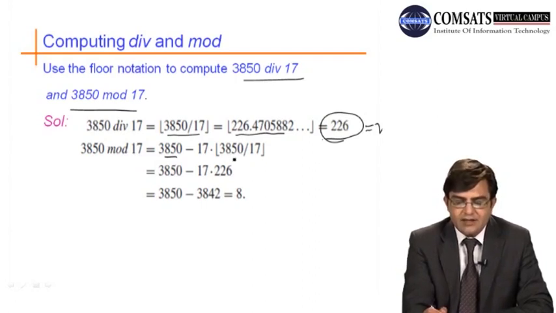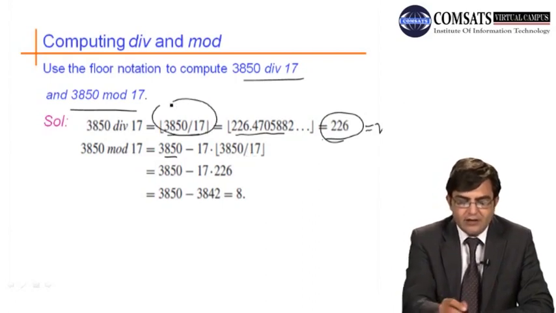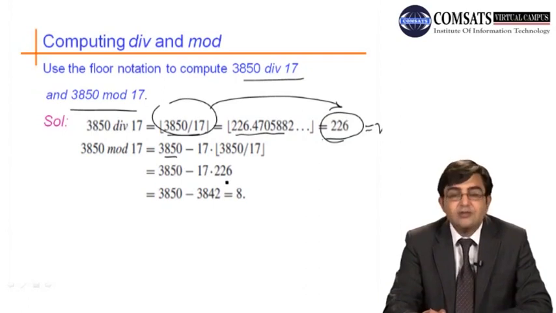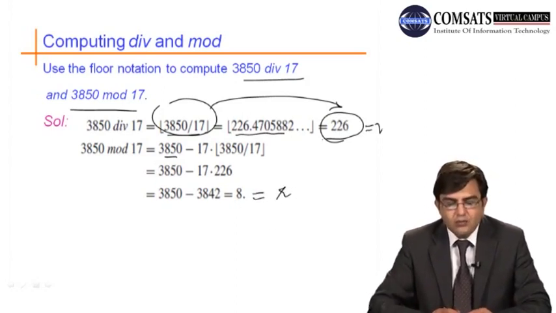So 3850 divided by 17, we have already calculated this as 226, so we write here 226. We multiply it by 17 and subtract the result from 3850, we get 8. So this is our r, the remainder. So this is how we can calculate the div and mod functions using the floor functions.